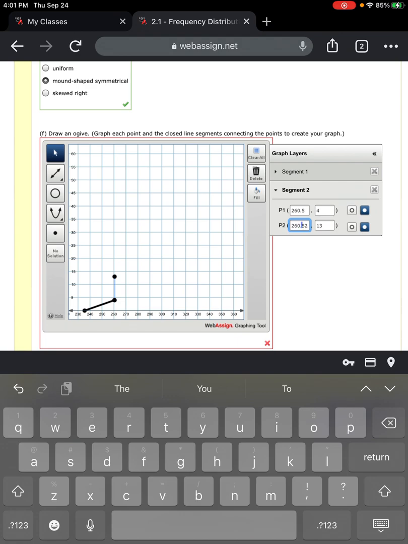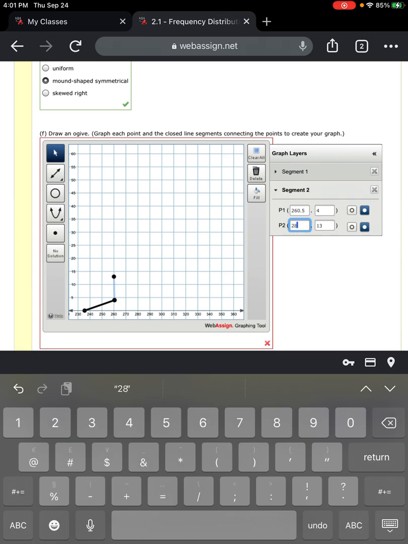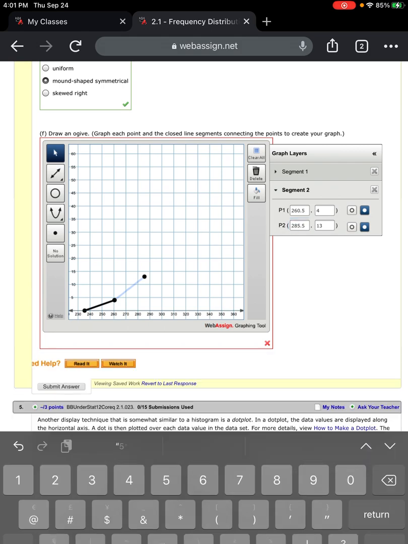Goodness gracious. Hopefully it's easier to do this on your PC. See, 285.5. Okay, that one should be good.